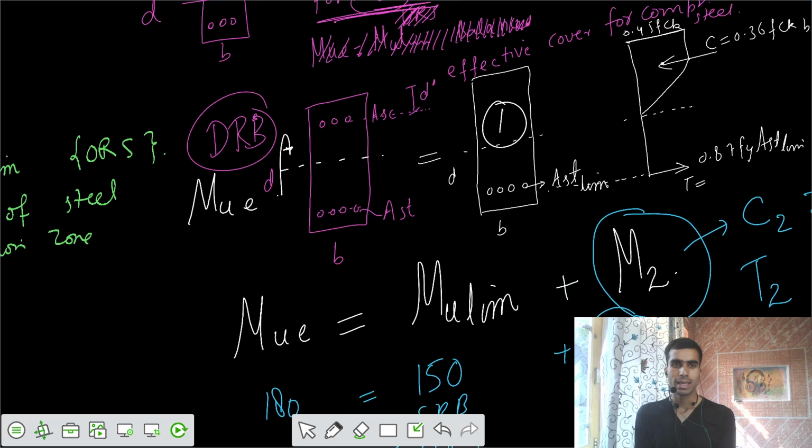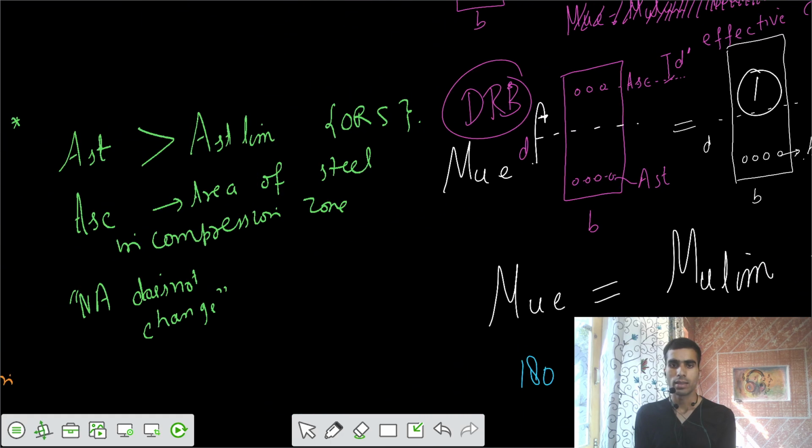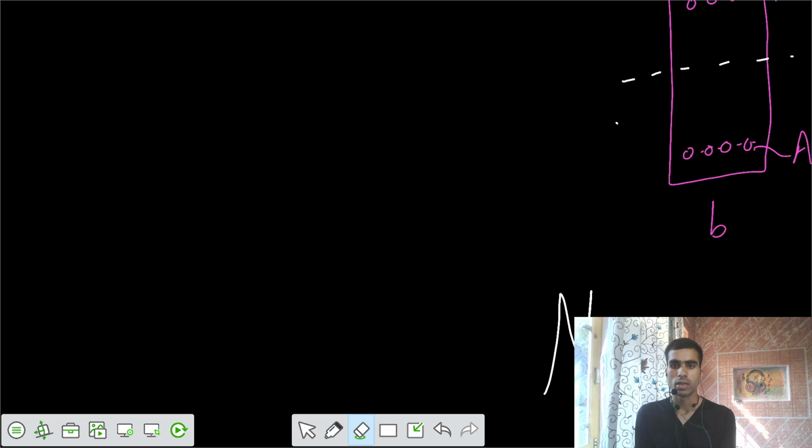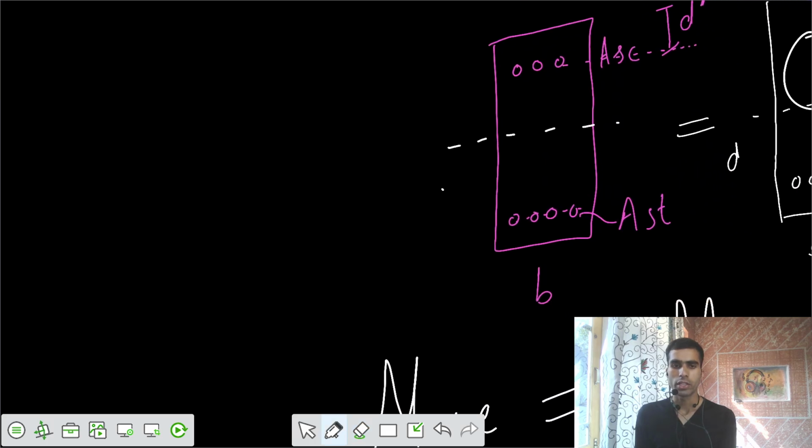So one more point is here. We see that the steel is placed at some location d dash from the top. Can you see that? Steel is placed at some location from the top. Can you tell me the strain from the assumptions we have in the limit state of flexure?